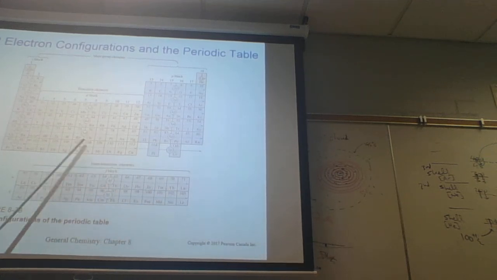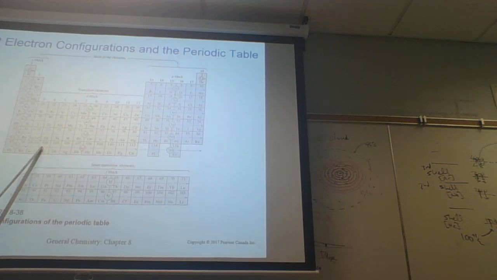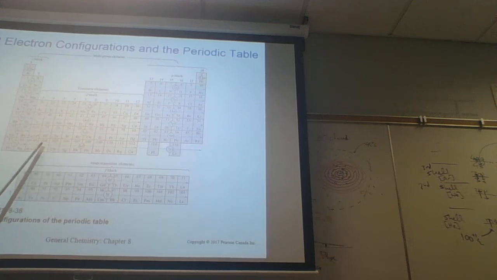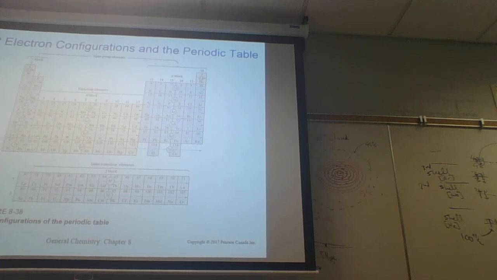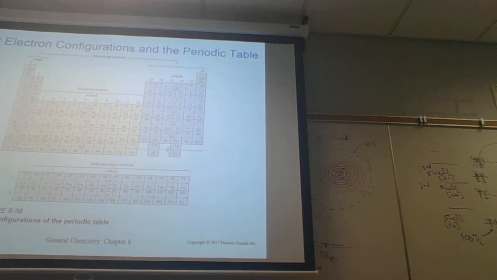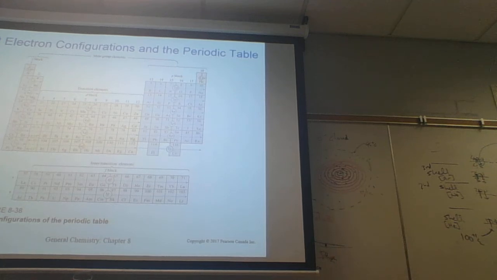We go from 103 to 104, which would take us to 6d2. We'd stop there. Does that make sense? Okay. And so we use the periodic table. The periodic table is based on the orbitals.